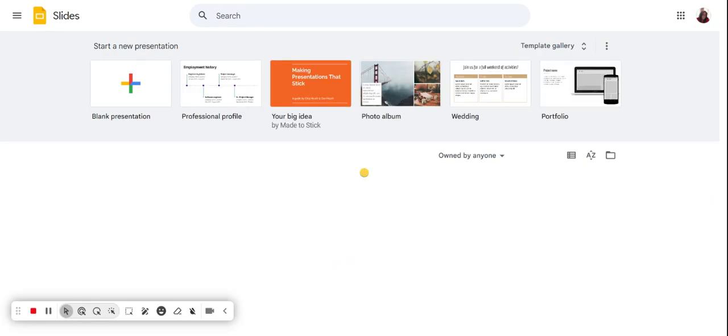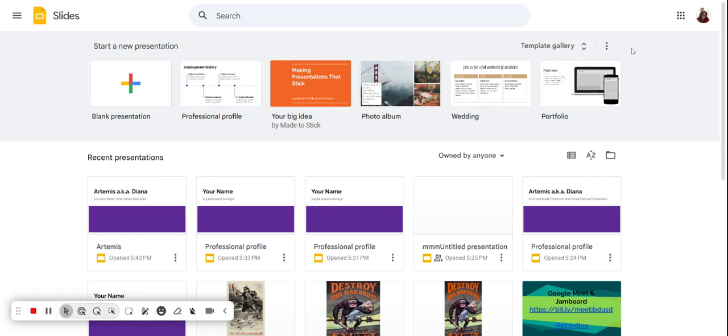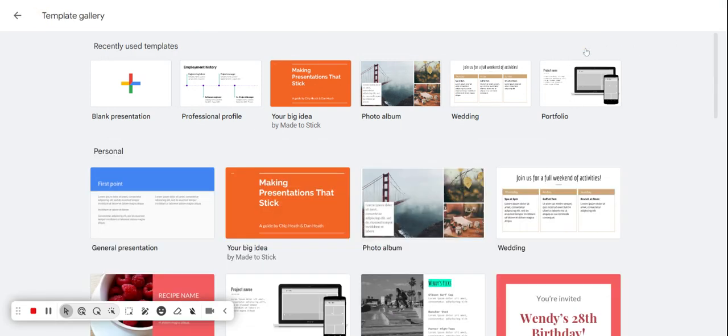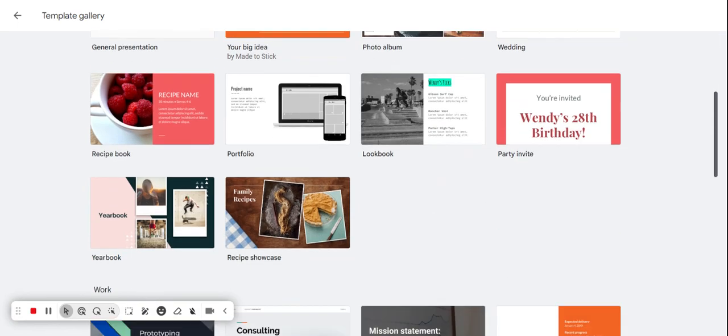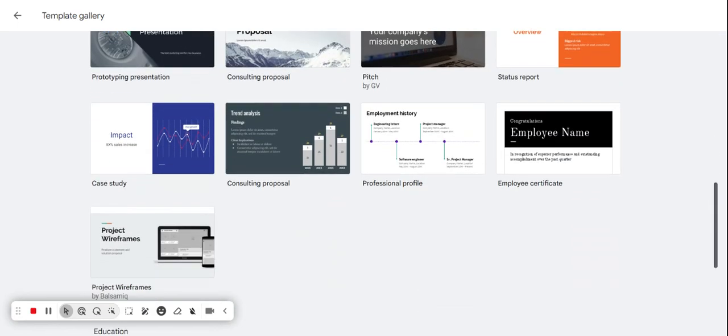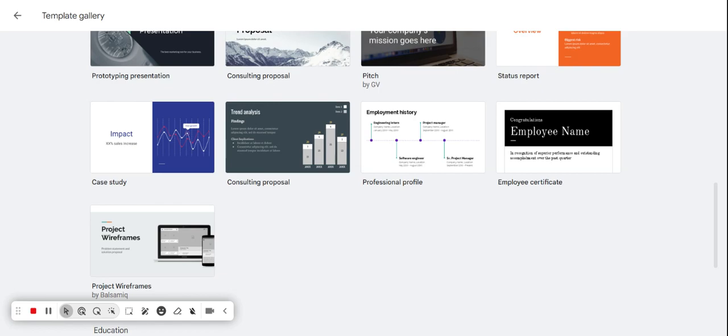So, we click on Slides. Here you'll see templates. We go up here, Template Gallery, and we're going to scroll down. And instead of a written resume, I'm going to have you do a Google slideshow that is a professional profile. So we're going to click on this template, professional profile.